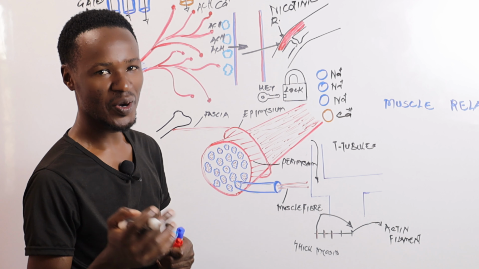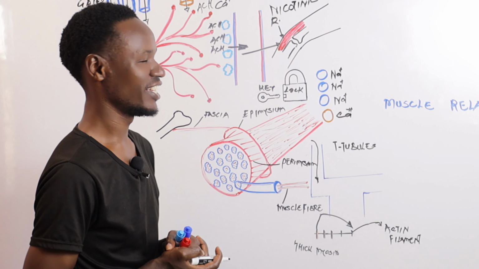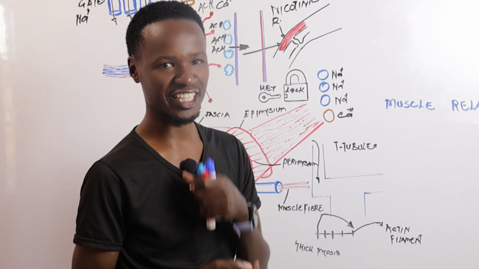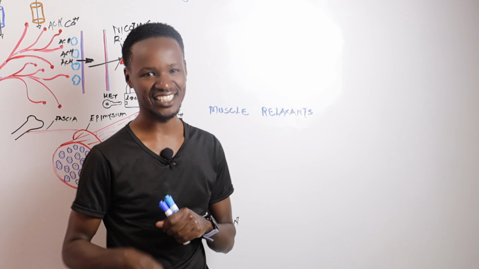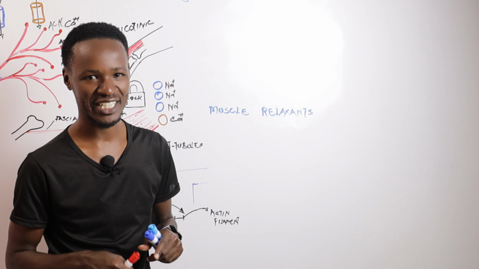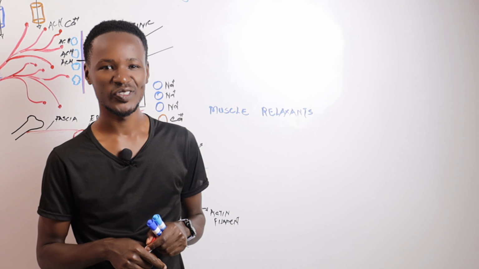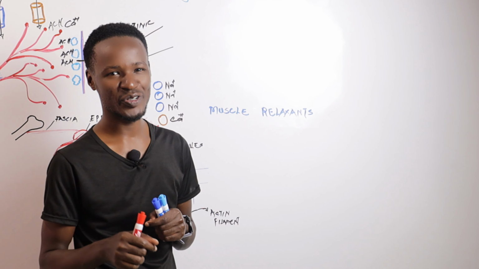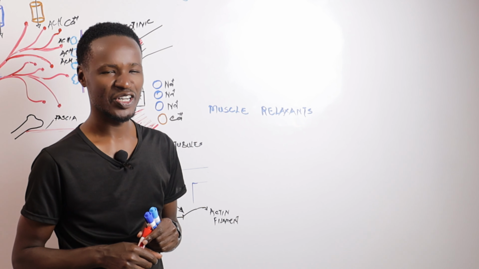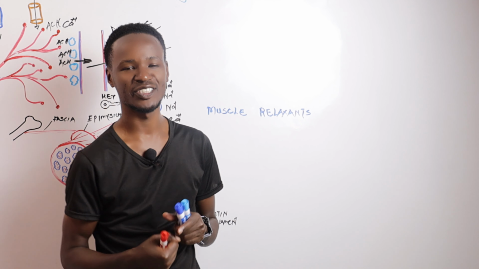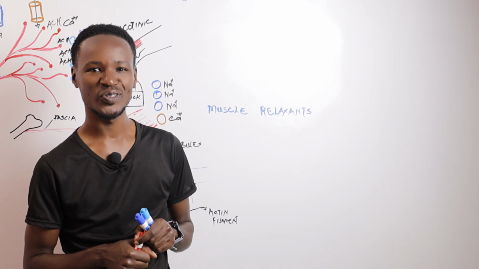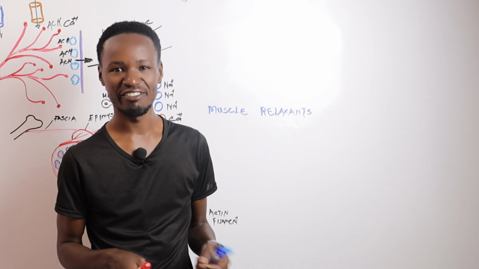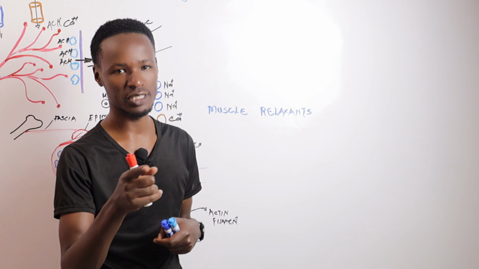But why am I teaching you all this? Let's now get into the muscle blockade medications, the muscle relaxants. So these are medications that are used in surgical operations. Whenever a surgical operation is happening, we do not want active muscles. We want muscles which are relaxed in order for the surgeons to have an easier time when they are operating on this muscle.